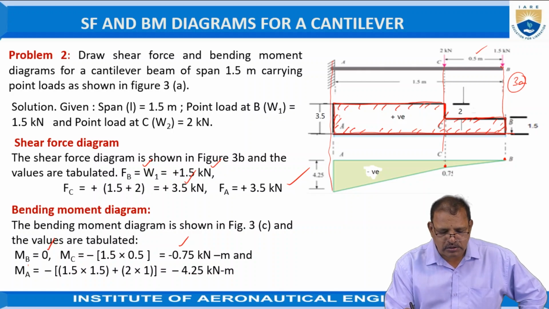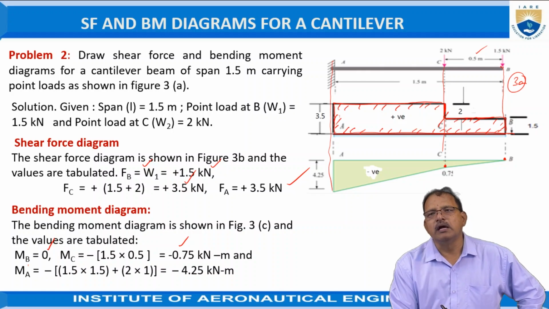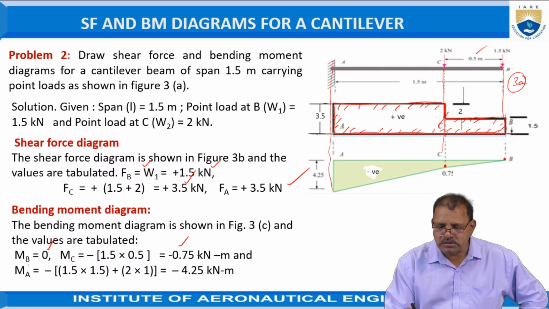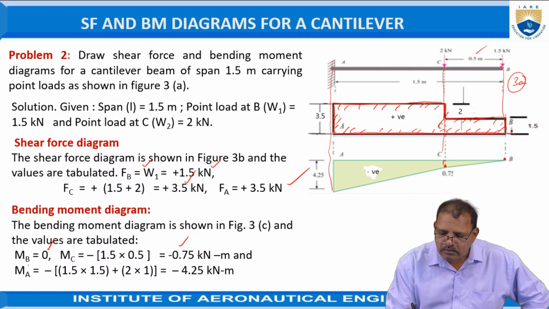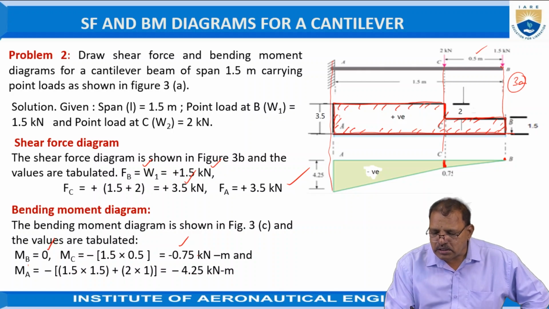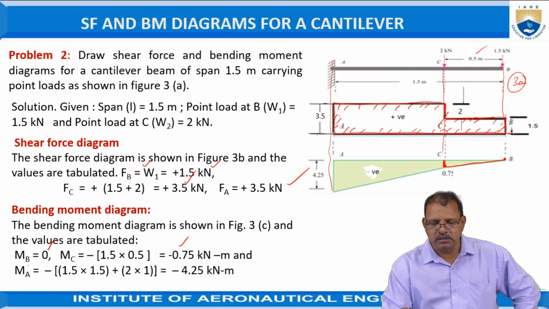According to the scale, 0.75, assuming 1 kilonewton meter is equal to 1 centimeter, hence 7.5 mm is taken in the downward direction. Since the moment changes only because of its length, you have to join these two points using a straight line.